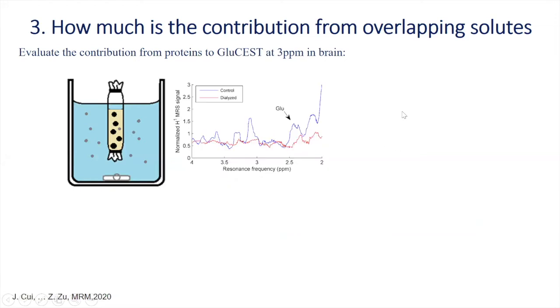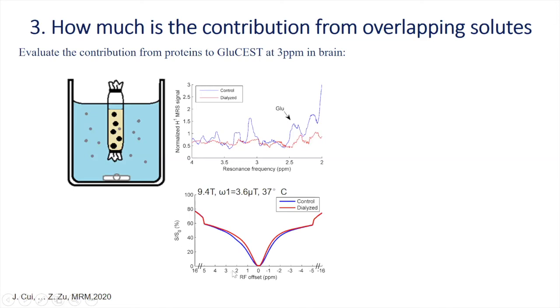We have also evaluated the contrast origin of the glutamate signal. So here is also the MR study. We found the glutamate MR signal decreased greatly. And here is the CEST Z spectrum on the dialysed tissue homogenate and control tissue homogenate. The red line represents the dialysed tissue homogenate, and we measured it with 3.6 microtesla.